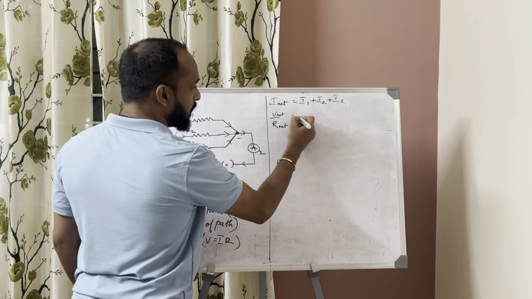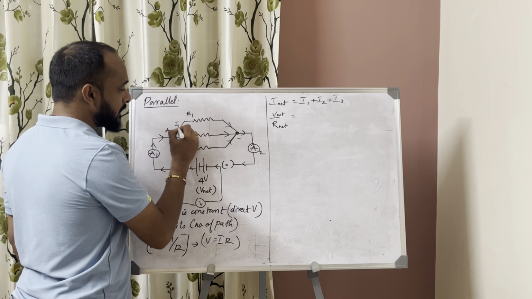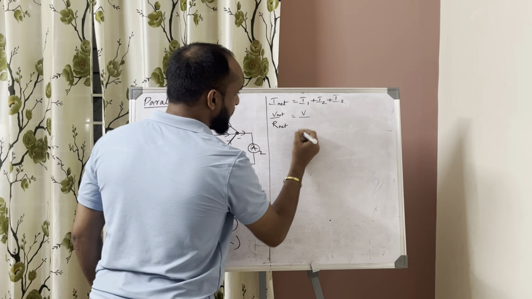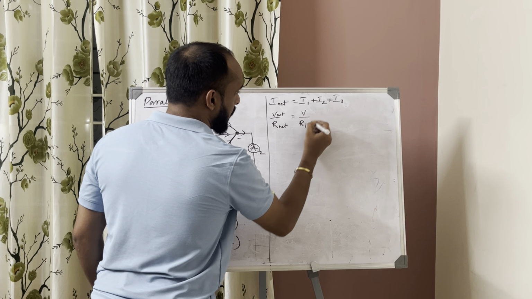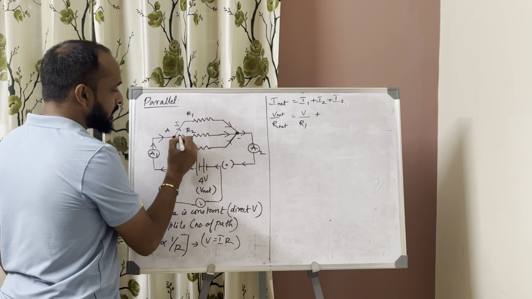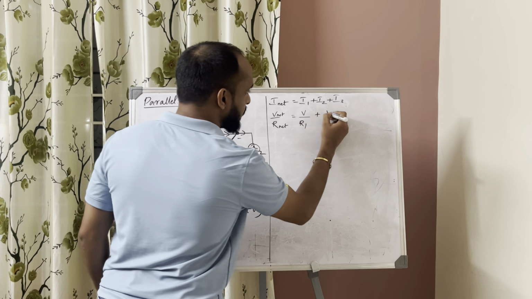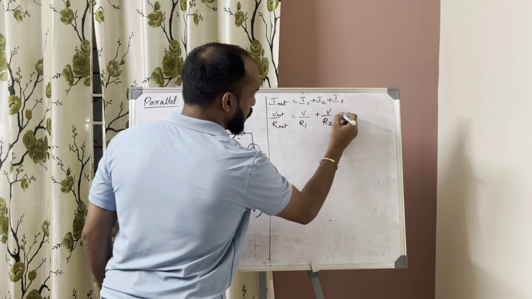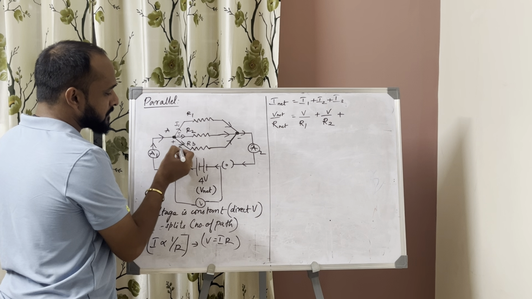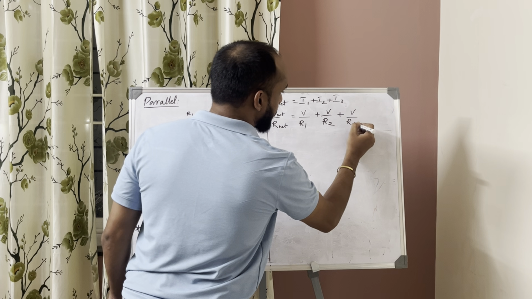So that would be equal to, what is I1? I1 is nothing but the current through resistance 1, which will be equal to voltage divided by R1, plus I2, the current through resistance 2, which will be equal to V divided by R2, plus I3, the current that passes through resistance R3, which will be equal to V divided by R3.